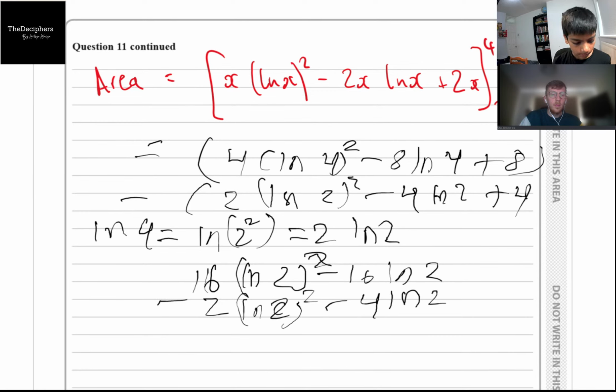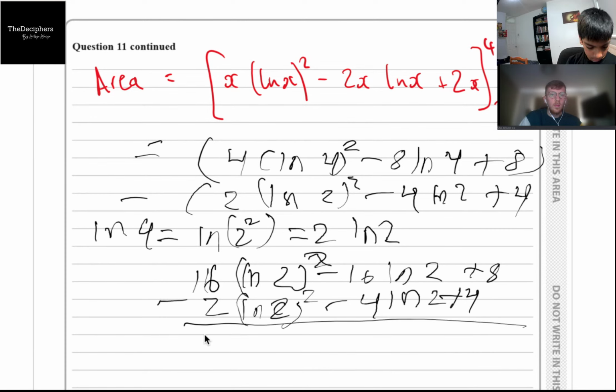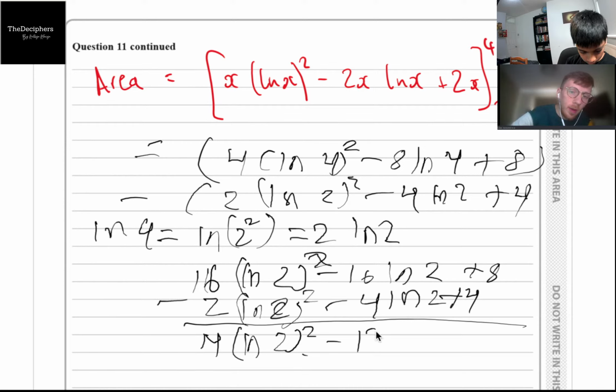Then plus 8 and plus 4 stay the same, and that's 14 ln 2 squared. Be careful with your negatives here. I would probably say it might be a good idea to put brackets around this bit. Yeah.